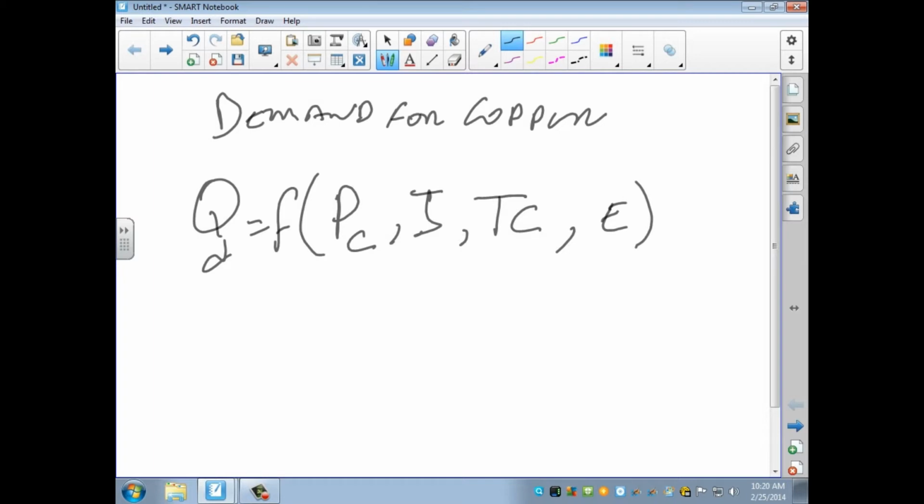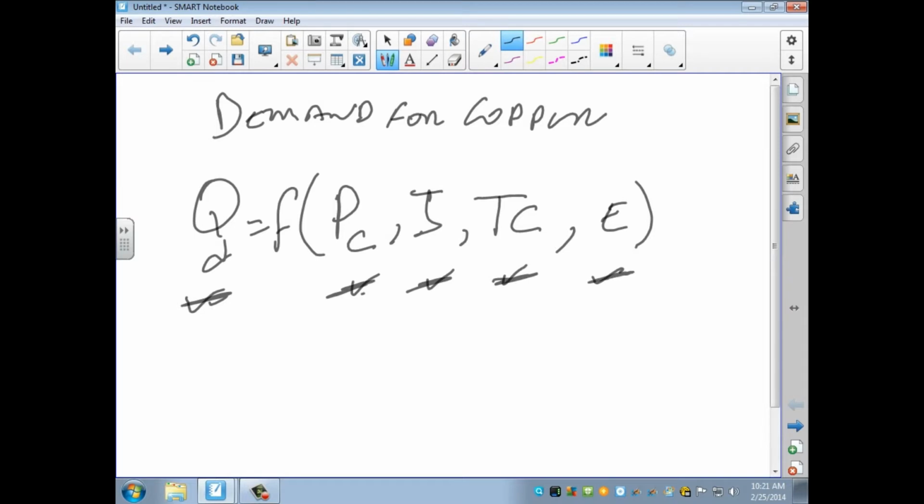You have had statistics before, so you know how to do a regression of, let's say in this case, we have 4 independent variables and 1 dependent variable. So we are saying quantity demanded for copper depends on price of copper, depends on income, depends on telecommunication index, depends on expectation index.